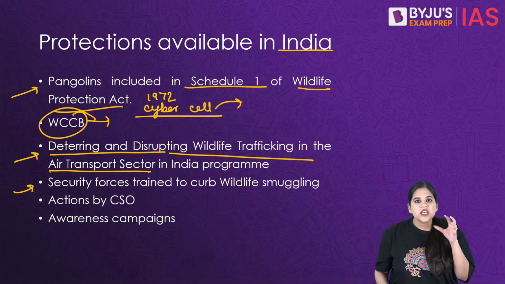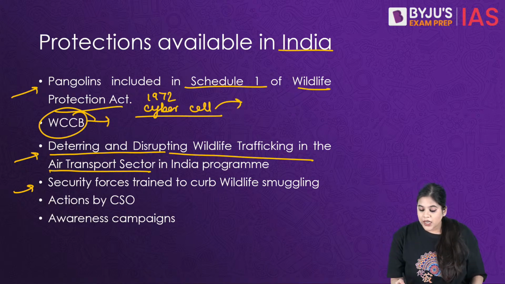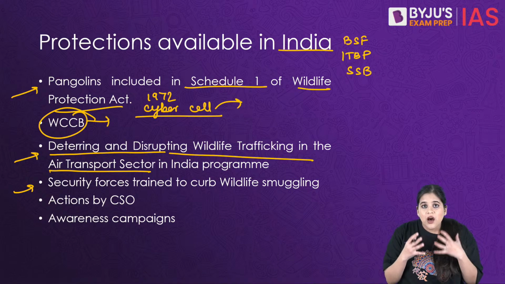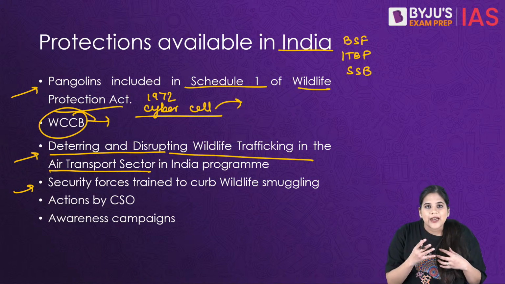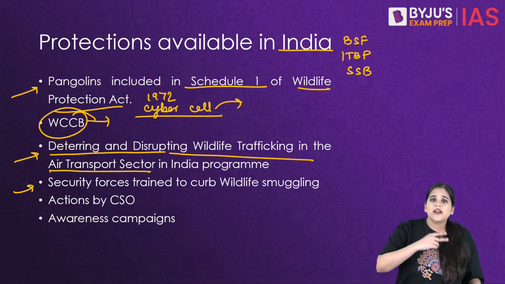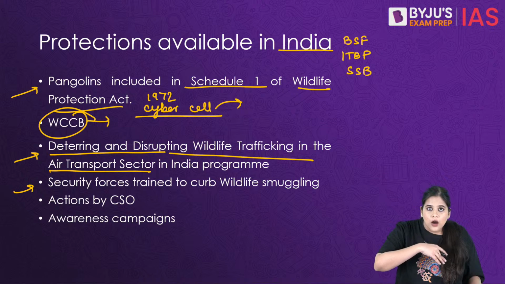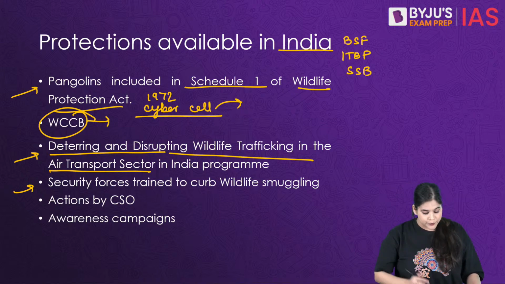Moreover, various security forces present at the porous borders of India, like BSF, ITBP and SSB, are also being trained so that they can catch the culprits who are smuggling these animals or their products across the border from India.